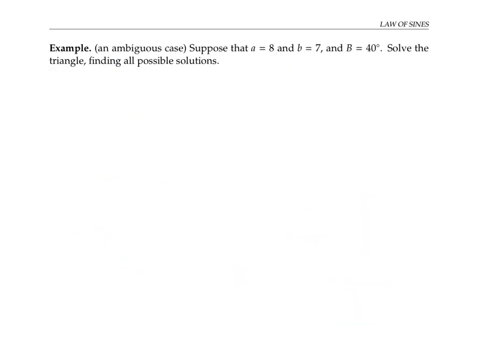In the previous example, we used the law of sines to find the side lengths of a triangle because we already knew the angles. In this next example, we're given some side lengths and we're going to need to solve for some angles. This can be tricky because when we write down the law of sines and start solving for an angle, we first solve for sine of the angle. But there can be two plausible angles that both have the same sine.